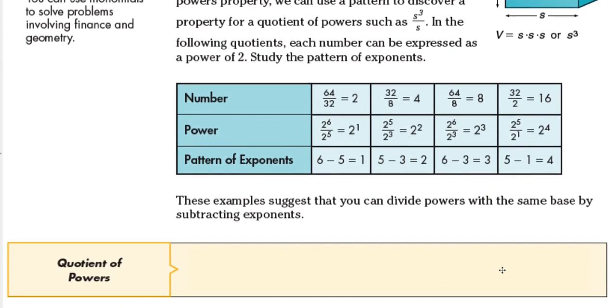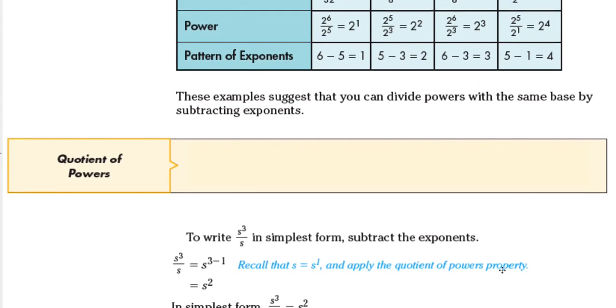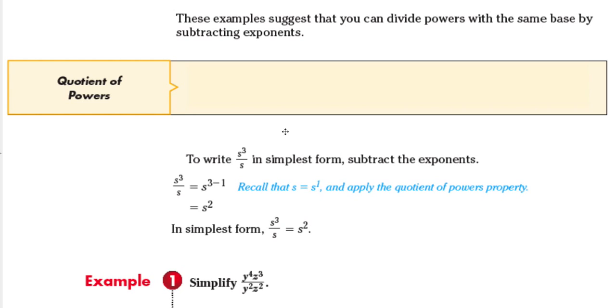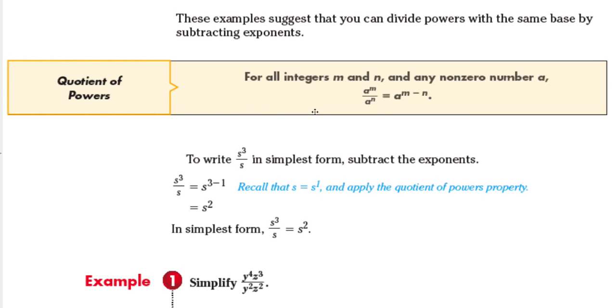So these examples suggest that you can divide powers with the same base by subtracting exponents, which gives us the quotient of powers property for all integers m and n and any non-zero number a. Remember, a should be non-zero. Why is that? Because you cannot divide anything by 0. So a to the m over a to the n is equal to a to the m minus n.